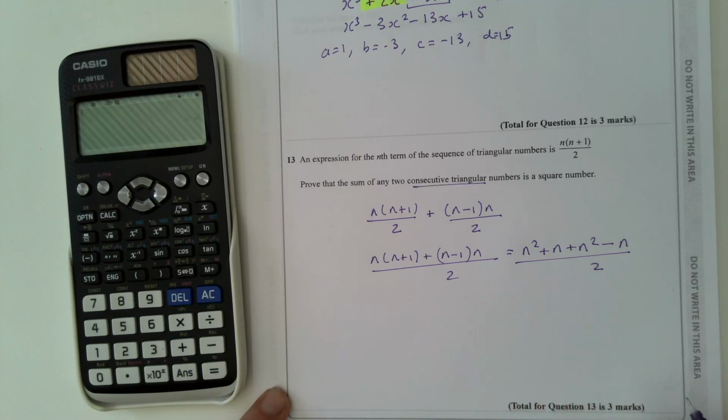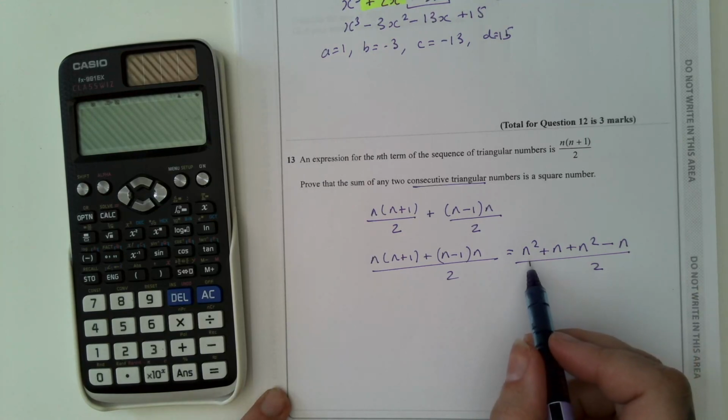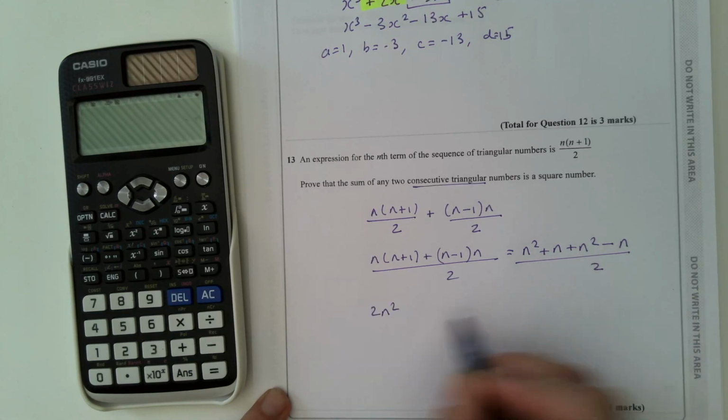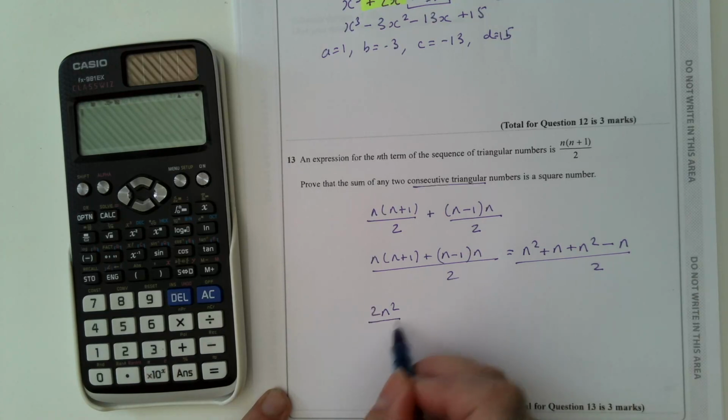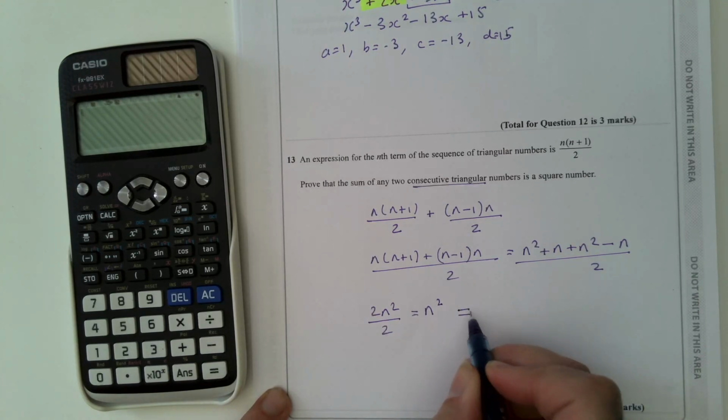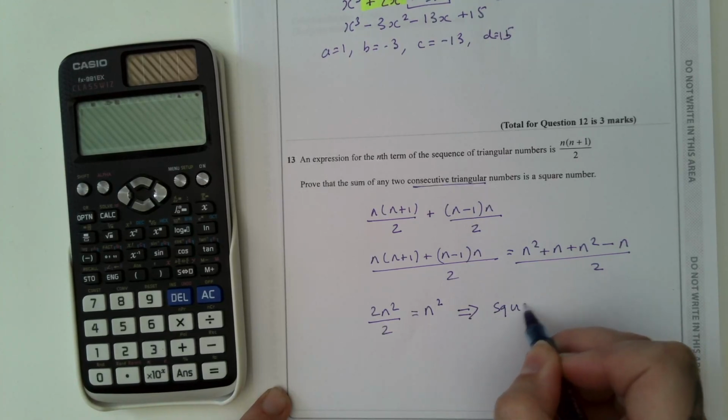All over 2. Okay. So then we have n squared plus n squared. So that's 2n squared. N minus n cancel each other out. So we've got 2n squared over 2, which we can simplify to n squared. And by getting n squared, it must be a square number.